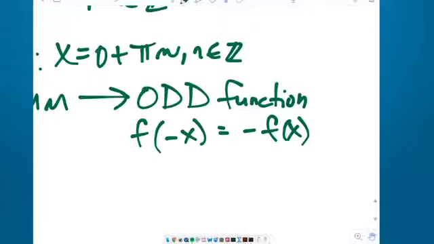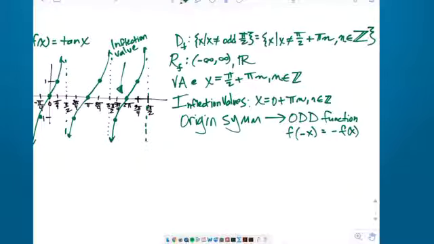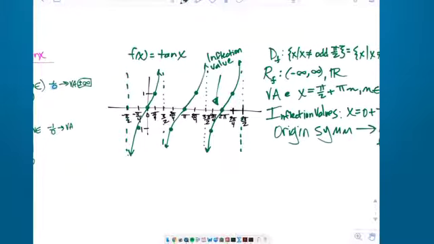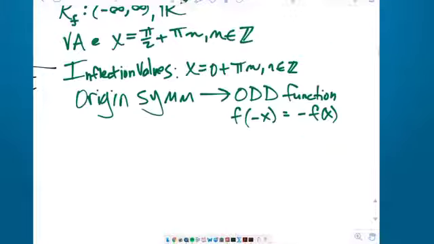Opposite x values give you opposite y values. And you can see that clearly from the graph. If you plugged in a pi fourths versus a negative pi fourths, you're going to get opposite y values, 1 and negative 1. So let's go ahead and write that in terms of tangent. That means then that tangent of negative x is the same as the opposite of tangent of positive x.